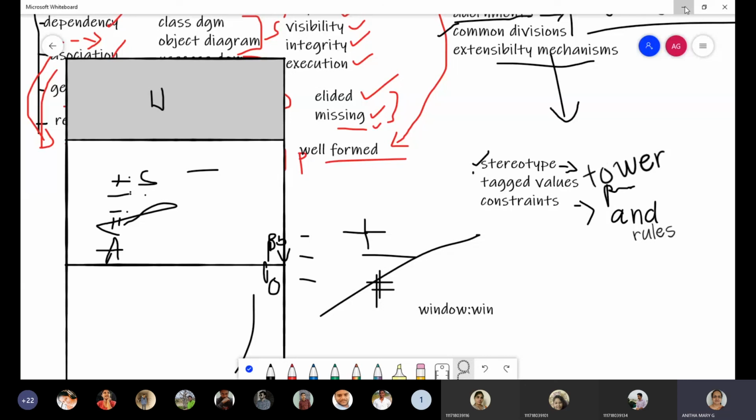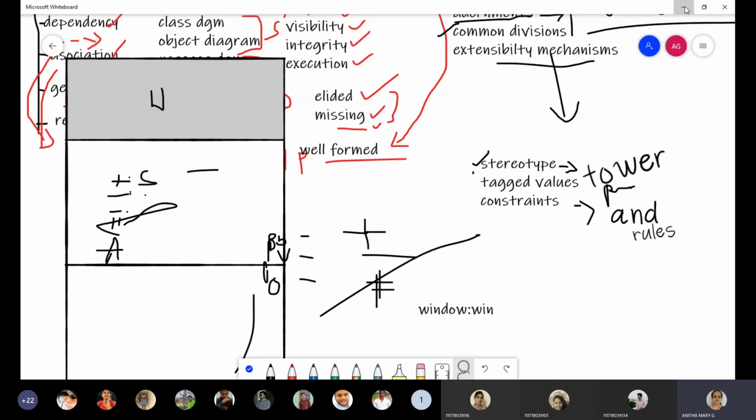So these exceptions come under extending vocabulary. Extending vocabulary is the first one under extensibility mechanisms. What is that? Stereotypes. So how is a stereotype given?